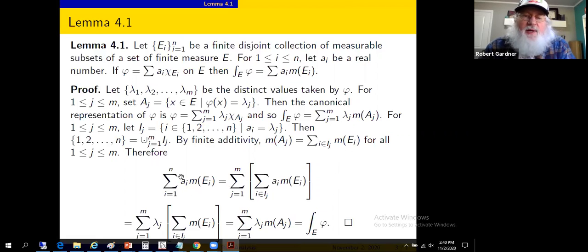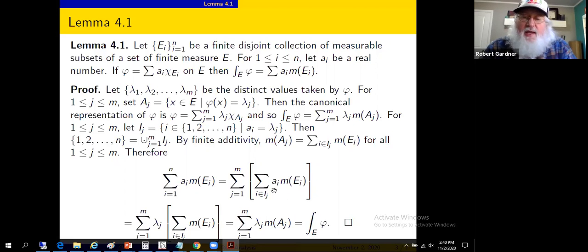So if we look at a sum from i equals 1 to n of a sub i times the measure of E sub i, that's the thing we're interested in, then we get the following. Hey, the measure of E sub i, when we sum those up over the I sub j values, sum over i an element of capital I sub j, a sub i measure of the E sub i's, then this sum over the i values produces the measure of a particular A sub j set.